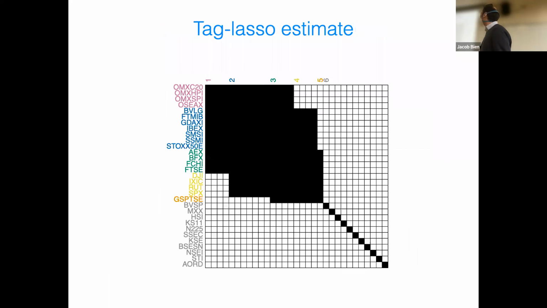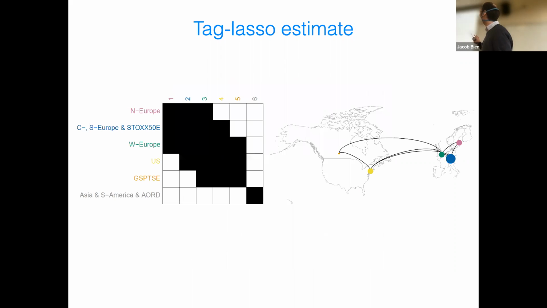When we do that, we get this block structure to the inverse covariance matrix, which means that we can summarize what's happening very simply: there's a small number of these groups of stock markets, like all the US ones aggregated together, for example. We could see that it's connected to Canada and two in Europe. And then there are a bunch of stock markets where we didn't estimate any dependence structure. So it's very interpretable.